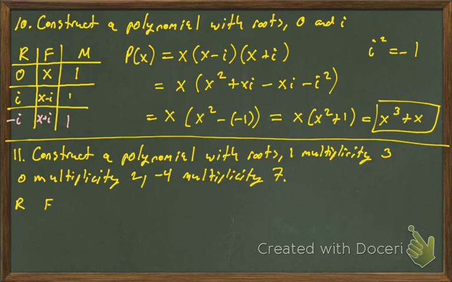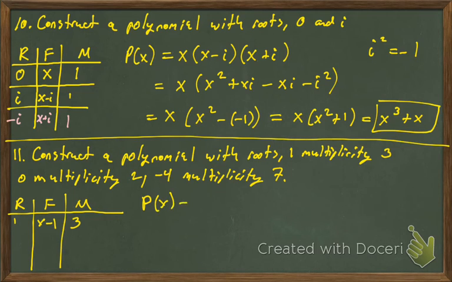We'll make our chart. Root, factor, multiplicity. First root is 1. The factor will be x minus 1 to the third power.